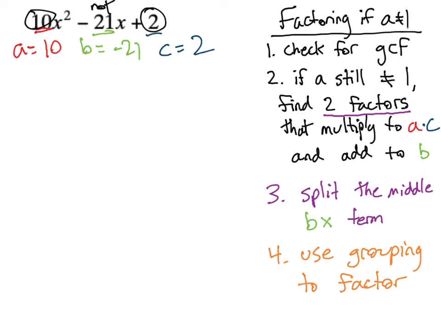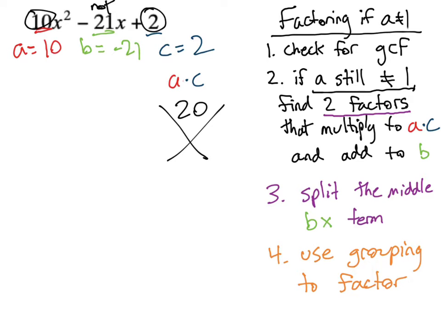If we still have our leading coefficient a that is not equal to 1, we want to solve this number puzzle with two factors that multiply together to equal a times c, which in this case would be 10 times 2, so that gives us 20.